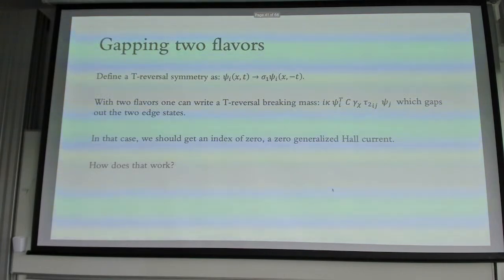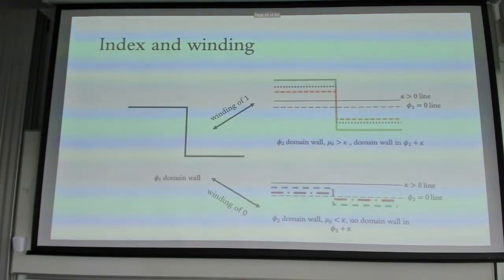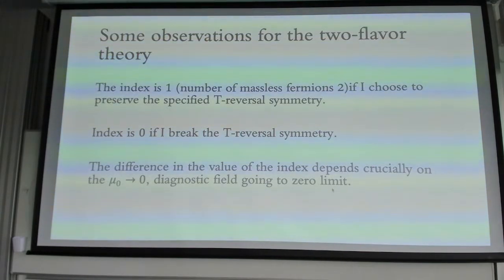Yeah, you're gapping out the two Majoranas with a term like this. When kappa hits mu 0, this zero mode becomes non-normalizable. That's right. So some observations for this two-flavor theory. The index is 1, so the corresponding number of massless fermions is 2, if I choose to preserve the T-reversal symmetry.